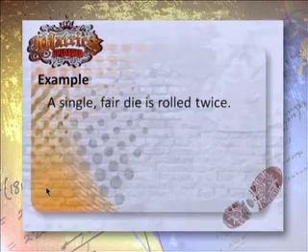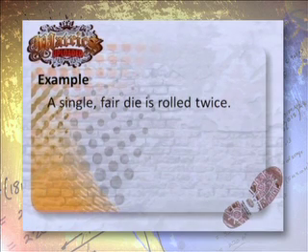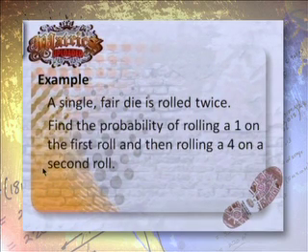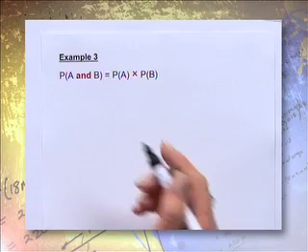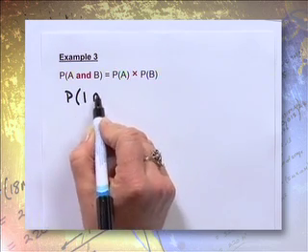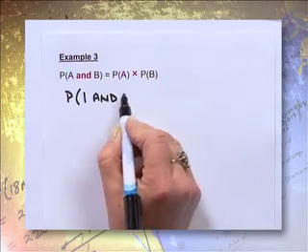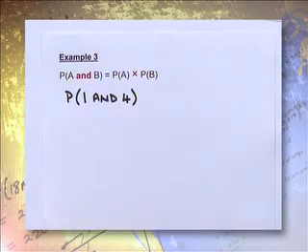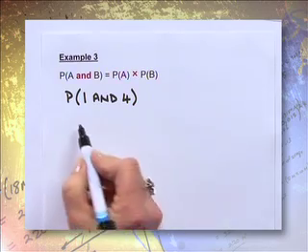This time we're saying a single fair die is rolled twice. Find the probability of rolling a 1 on the first roll and then rolling a 4 on the second roll. So in the first one we want to get a 1, and then on the second roll we want to get a 4. Again, they're independent. Getting a 4 does not depend on your 1 in the first instance.